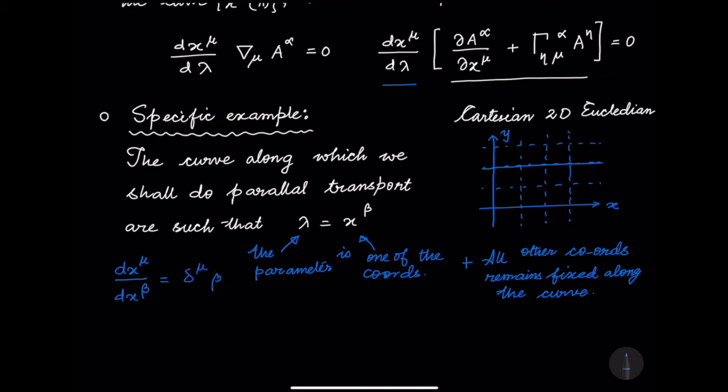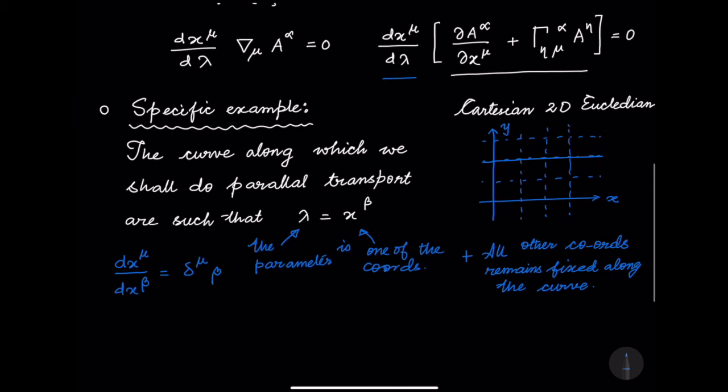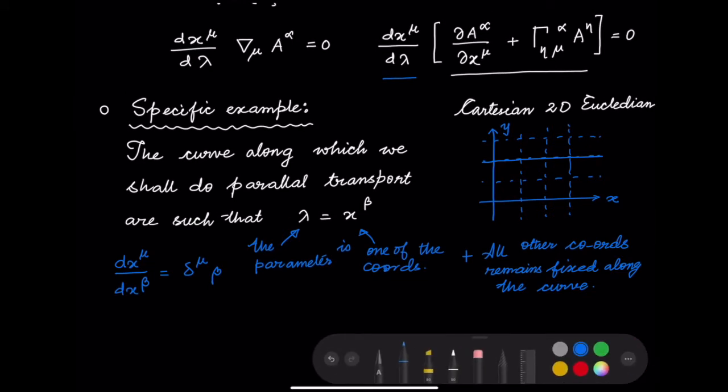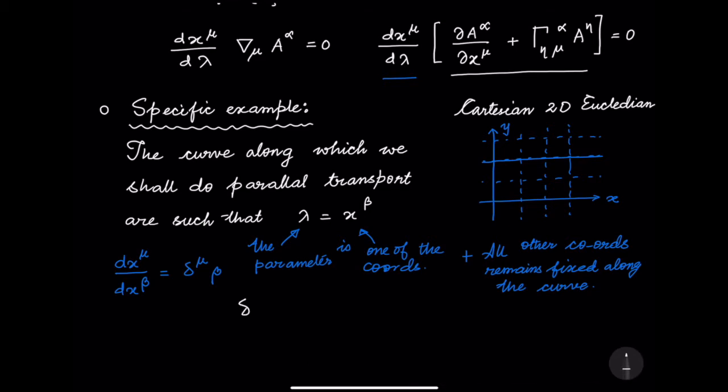So then this becomes delta^mu_beta. And if I use that, then my equation of parallel transport becomes delta^mu_beta nabla_mu A^alpha, which is essentially changing mu to beta.